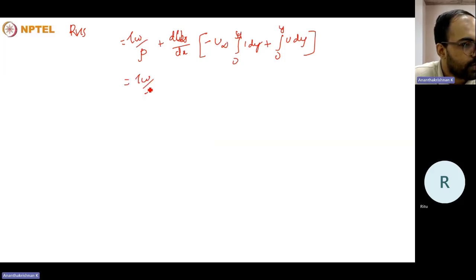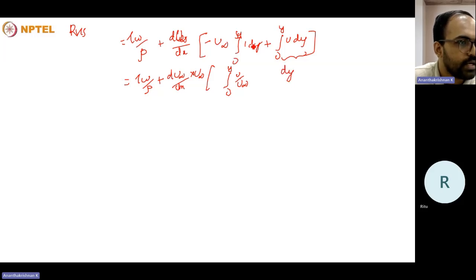That will become tau rho by rho plus du infinity by dx into u infinity is equal to integral of 0 to y u by u infinity. When we take the u infinity out of it, this will become u by u infinity, and dy can take it outside. Taking minus inside, it will be u by u infinity minus 1 into dy.